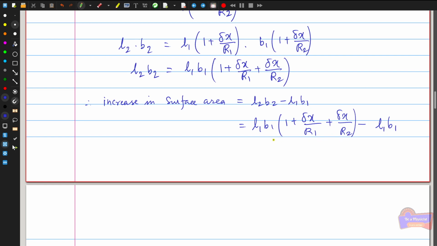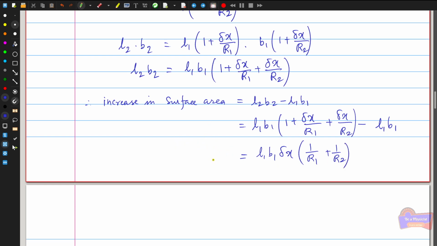If I expand this, the L1 B1 and minus L1 B1 get cancelled, so finally the increase in surface area can be written as L1 B1 into delta x divided by R1 plus delta x divided by R2. Taking delta x as common, it is L1 B1 into delta x into 1 by R1 plus 1 by R2. So that is the increase in the surface area.